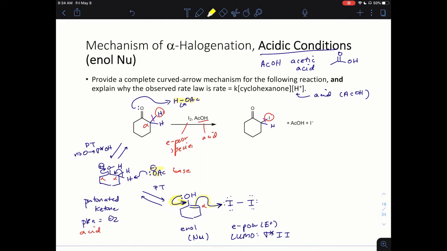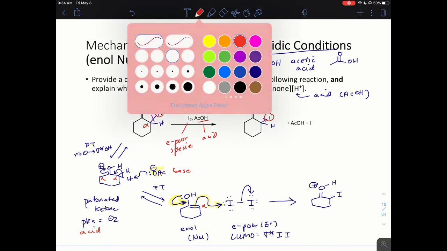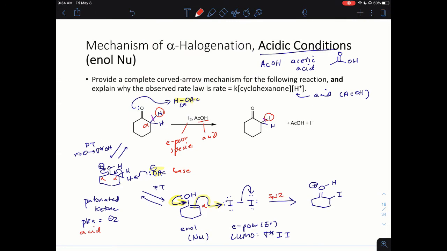These electrons from the enol come and attack sigma star I-I. Fills sigma star, you break sigma. That generates this protonated ketone intermediate. And that's an SN2 reaction, right?